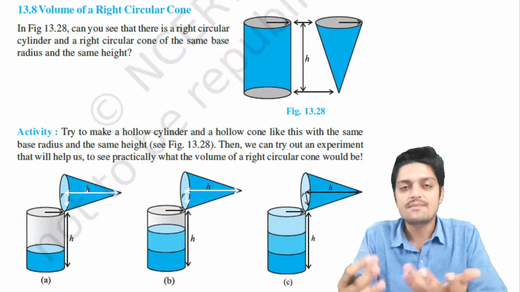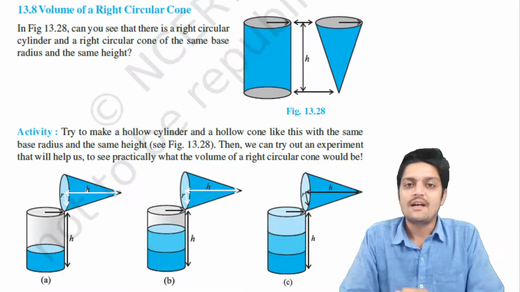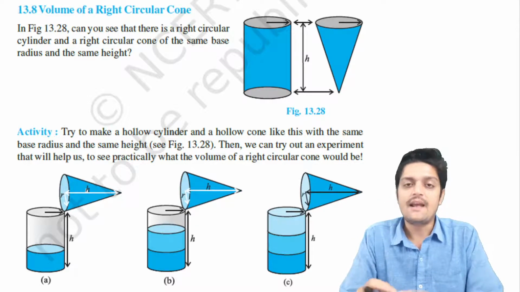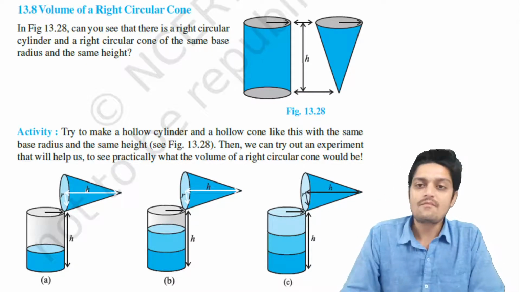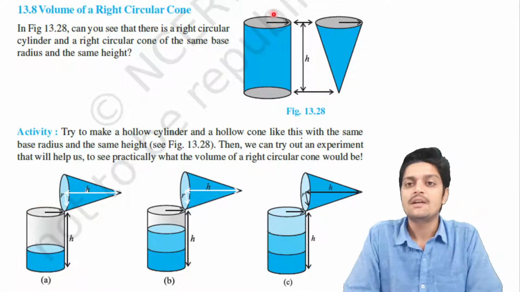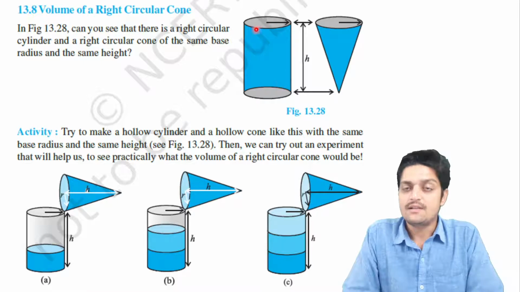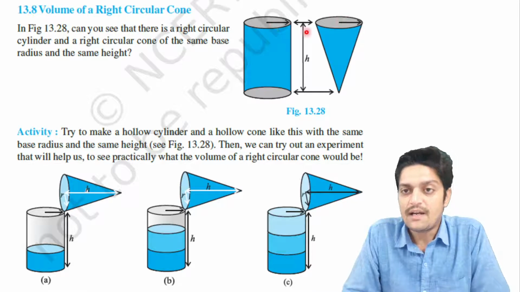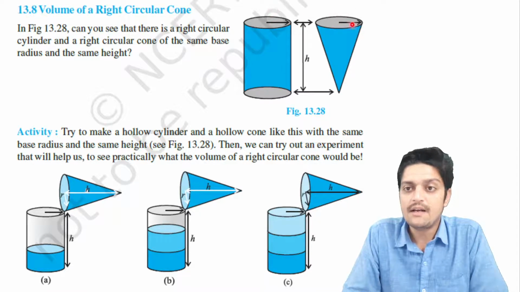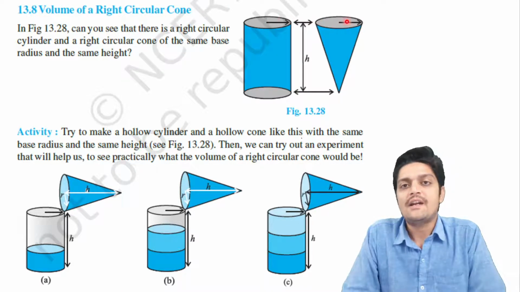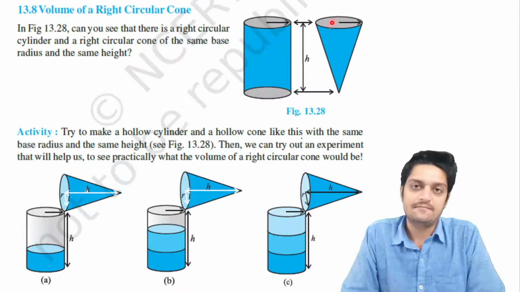First of all, I want to explain some concepts related to the volume of the cylinder. Now focus on my pointer. This is the cylinder, and this is the cone. The height and the base diameter of the cylinder and the cone are both the same.